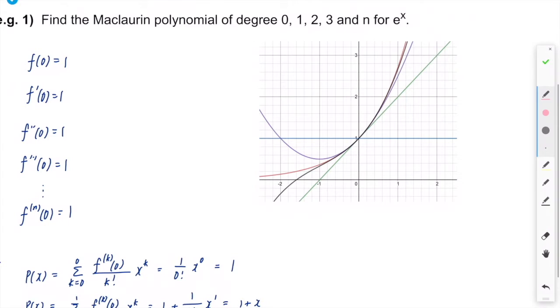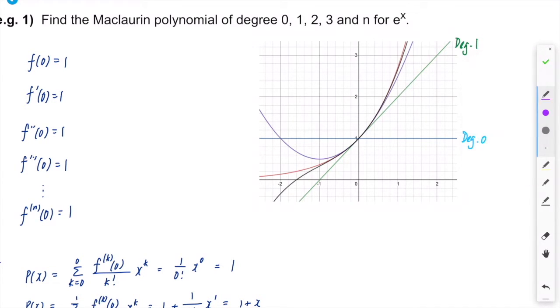What this graph shows is the different degree Maclaurin polynomials for the function f of x equals e to the power of x. So this is the line, right? The line is the degree 1 approximation. The blue part, of course, is the degree 0 of p of x. And then you can tell that we actually have a parabola.